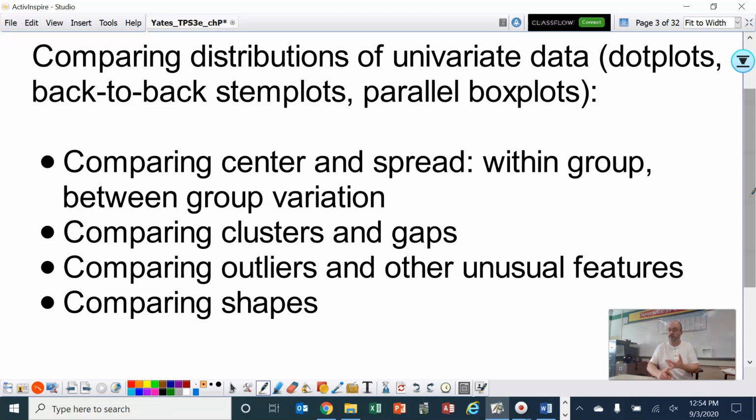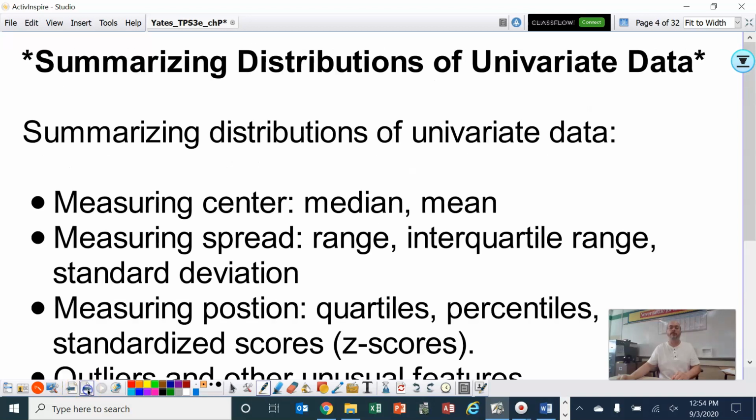We're going to compare the clusters. We're going to compare gaps. Outliers. We're going to compare the shapes. All of these things tell us something about the data. Remember, the data is telling us something, and I'm going to teach you how, hopefully, to interpret it, but you have to know how to read it, okay? All right, let's keep going.